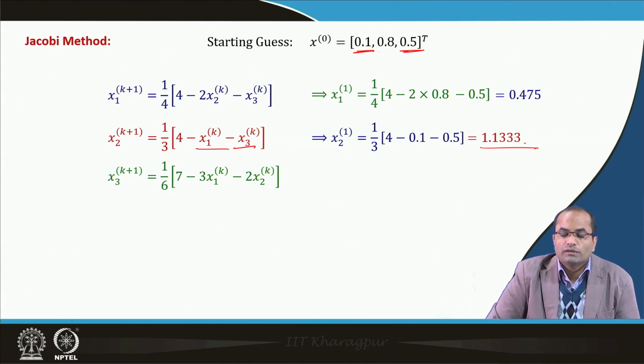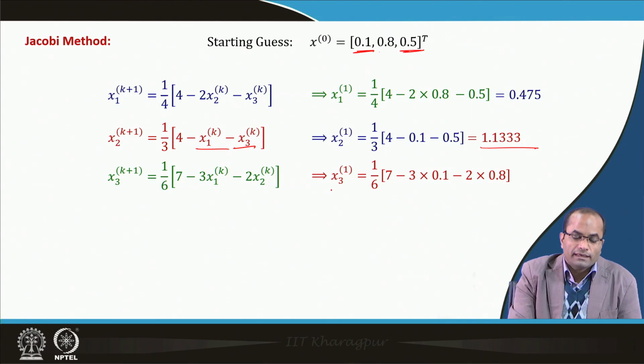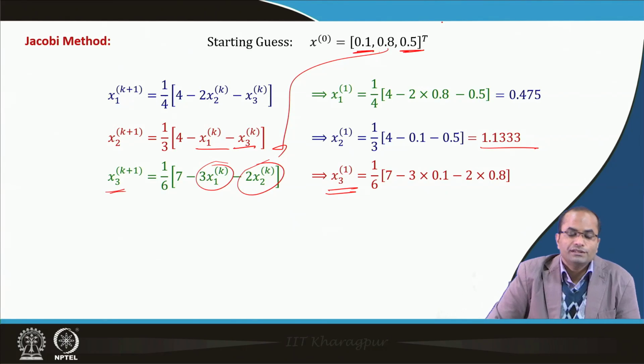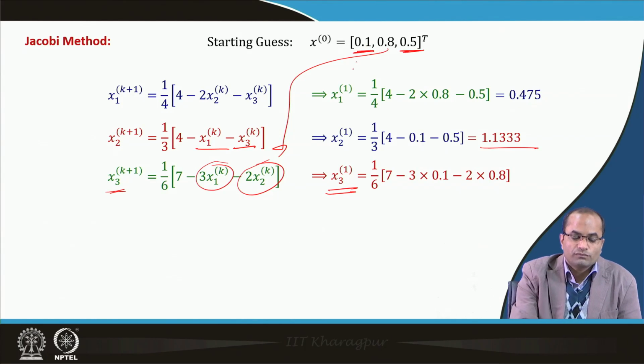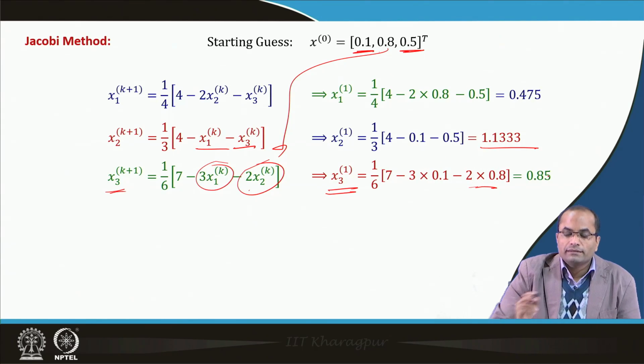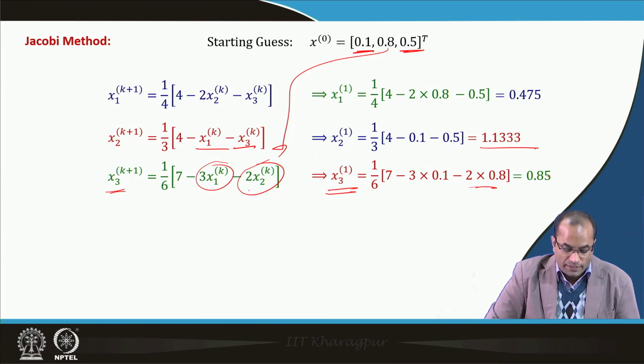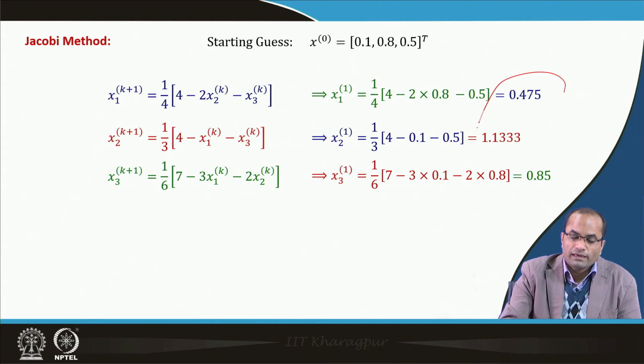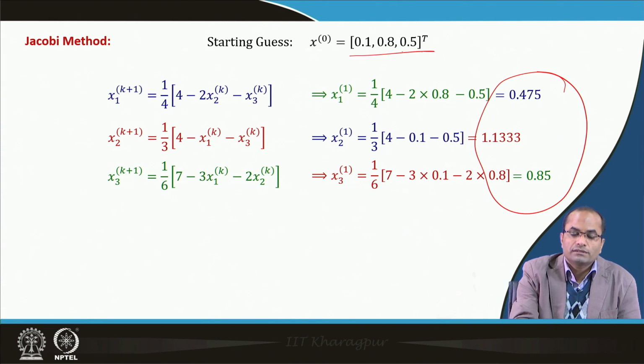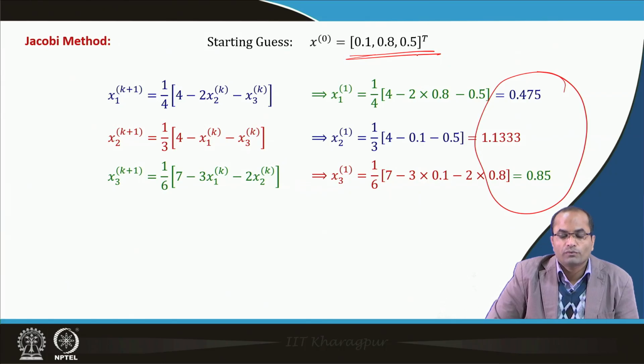So, this value is 1.133, and then to compute this x3 also we will use the values from the initial guess itself. So, x1 was 0.1 and then x2 was 0.8 there, and then this will give 0.85. And now, in the next iteration these values will be used instead of these 0.1, 0.8, 0.5.